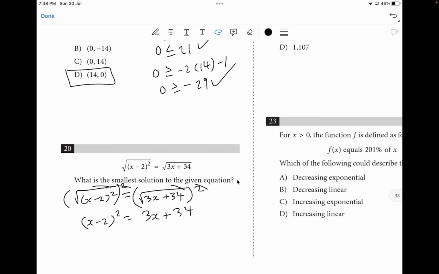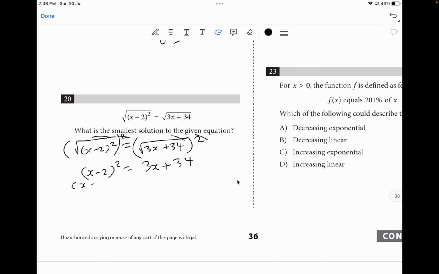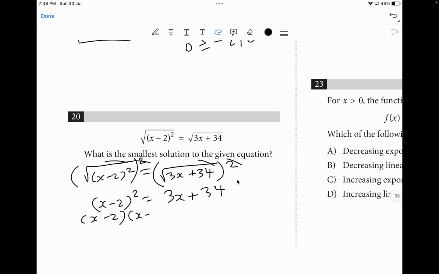Now, if we write this down properly and expand the brackets, x squared minus 4x plus 4 is equivalent to 3x plus 34. I'm just going to be solving this quickly.